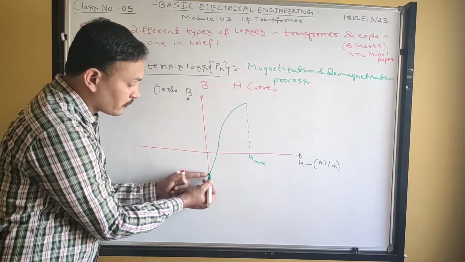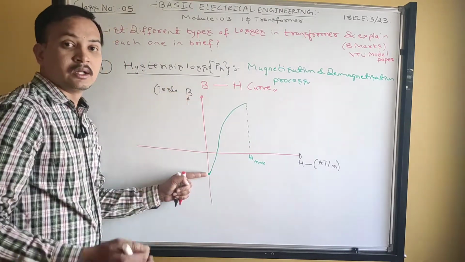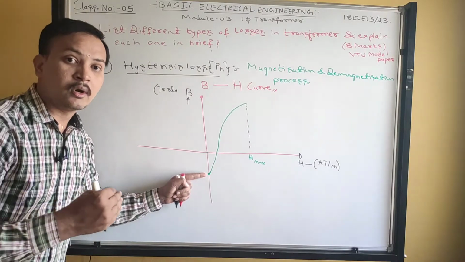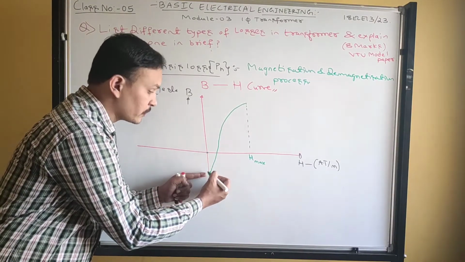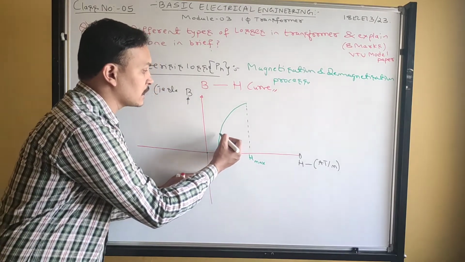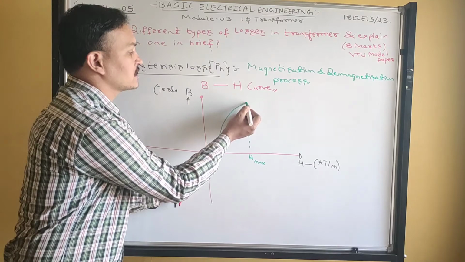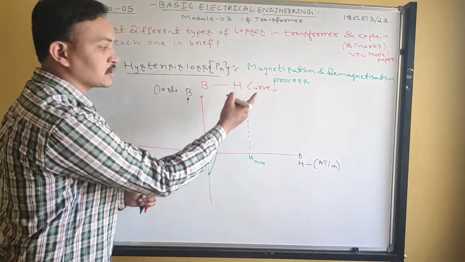With the help of this flux density, the hysteresis loss is slowly increasing. Now at this point, hysteresis loss is zero. Finally it reaches a positive value, and still it is increasing, and finally reaches the maximum value.